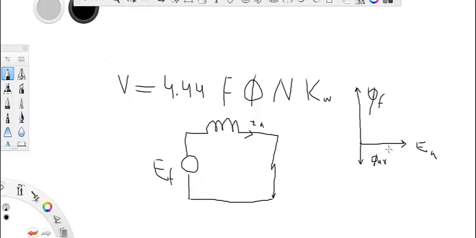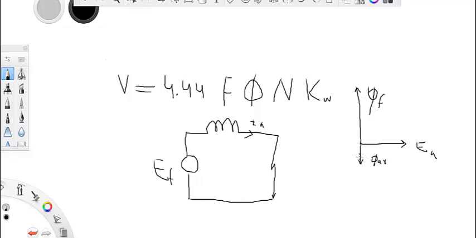You can see from here, this is the relationship between EA and phi F in a synchronous machine: EA is lagging phi F by 90 degrees, and they are related to each other like this. When this fault occurs, this current has a very high magnitude and it is lagging by 90 degrees. It means it is demagnetizing in nature.